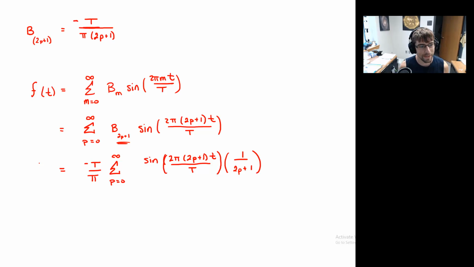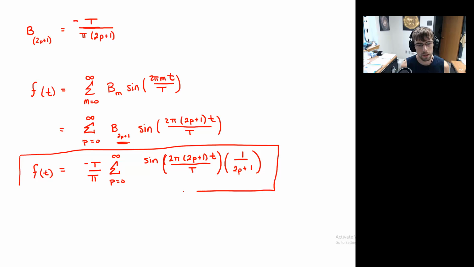And there you go. We now have an expression which gives us the square wave in terms of a linear combination of sines.